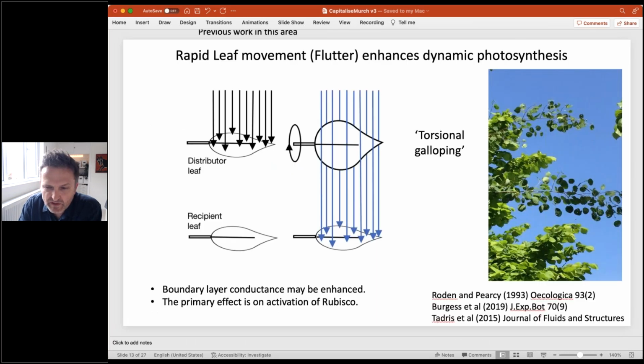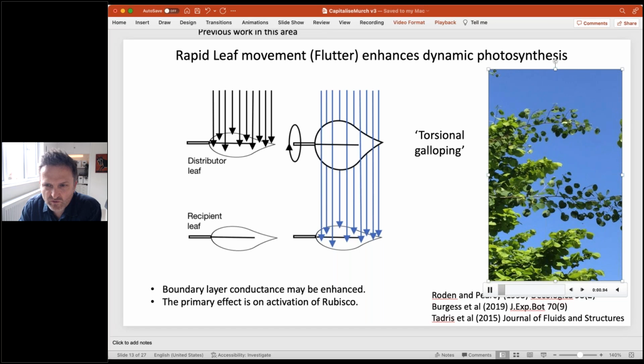So there's precious little on wind and photosynthesis, actually, if you look through the literature. This is a well-known study by Bob Pearcy and Roden. So some tree species exhibit this thing called leaf flutter, which is caused by something called torsional galloping, which is a great name, where the petiole creates a self-perpetuating semi-rotation of the leaf in trees like aspen.